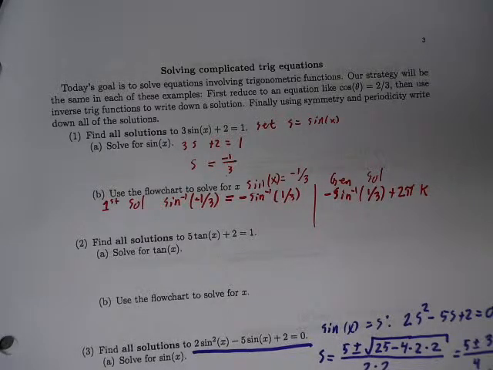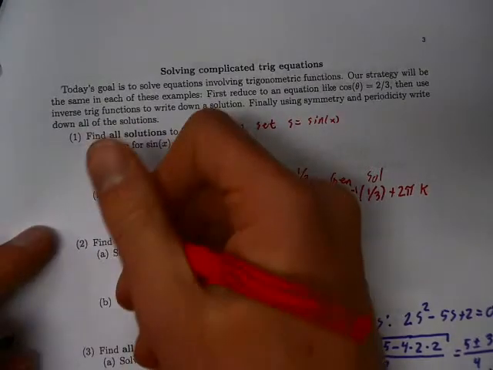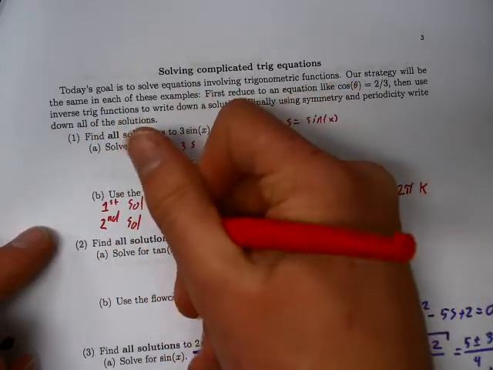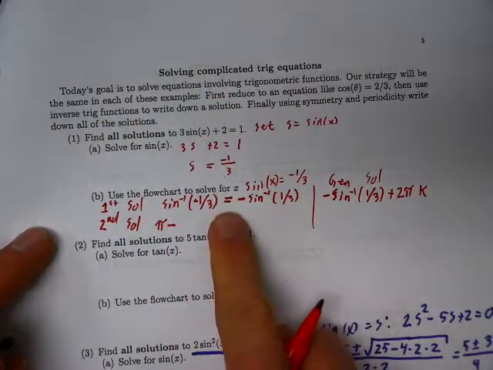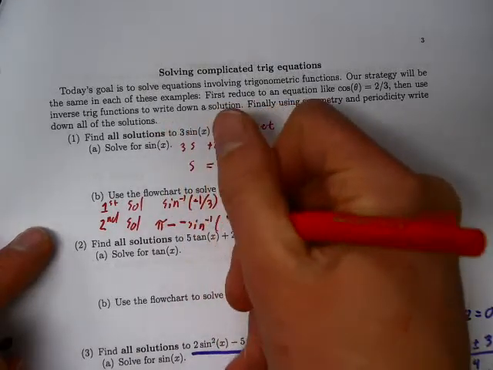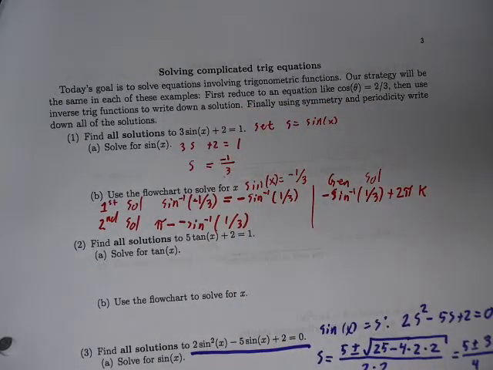How do you find the second solution to this? Subtract that from pi. So our second solution is pi minus this number. So pi minus minus sine inverse of 1 over 3. Is there a simplification you see?